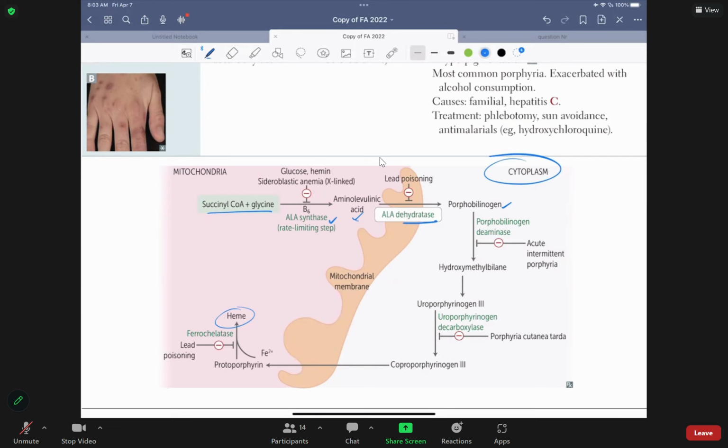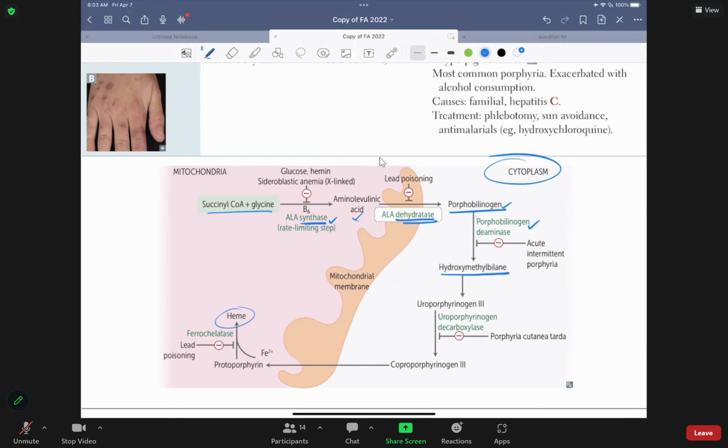Once we form ALA, ALA becomes porphobilinogen by ALA dehydratase. Where students make mistakes is here. This is ALA synthase, next one is ALA dehydratase. It's the same enzyme name, 2 different words, right? One is a synthase, another one is dehydratase. Once you get porphobilinogen, then you get hydroxymethylbilane with porphobilinogen deaminase.